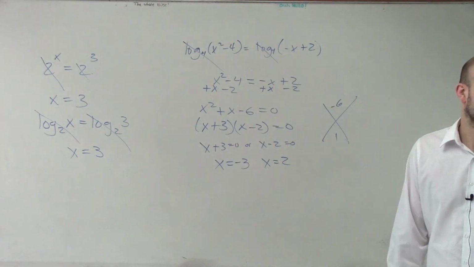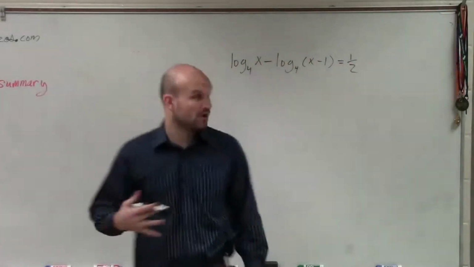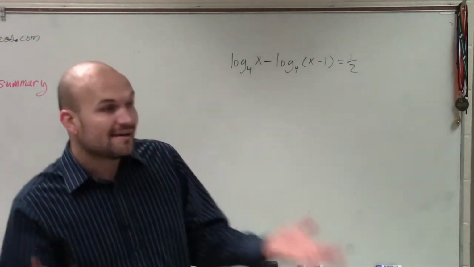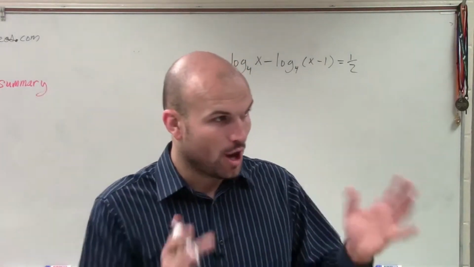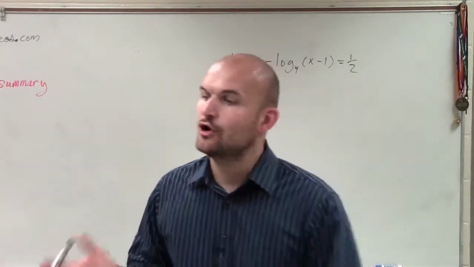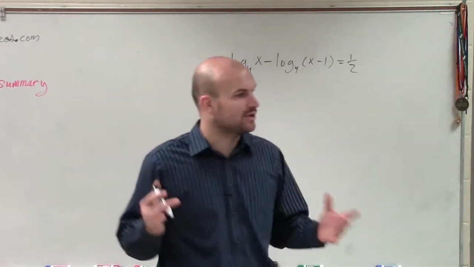Cool? Cool. Right now I have log base 4 of x minus log base 4 of x minus 1 equals 1/2. Whenever you have multiple logarithms, go back and look at your properties of logarithms to try to condense this down to one logarithm.